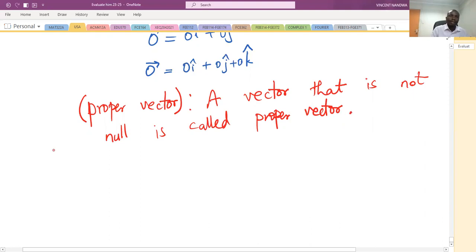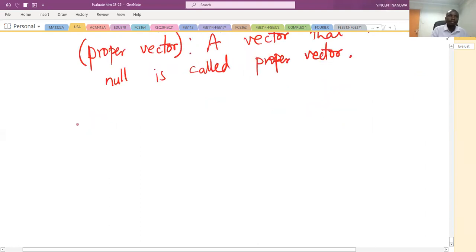And then next, let's now see how we represent vectors in the plane.